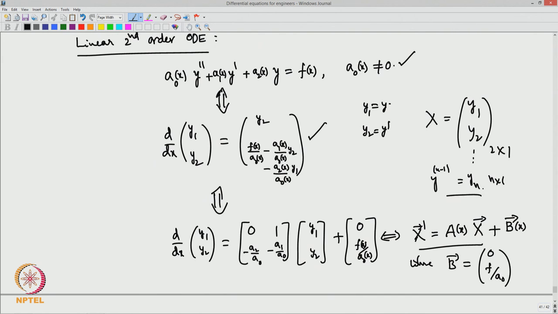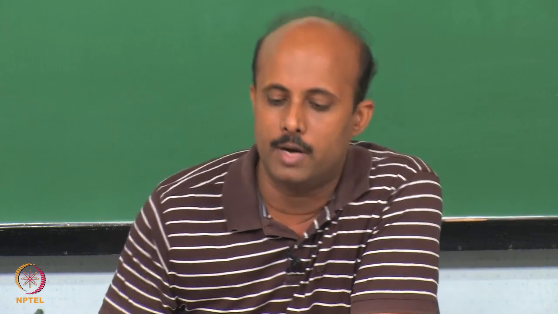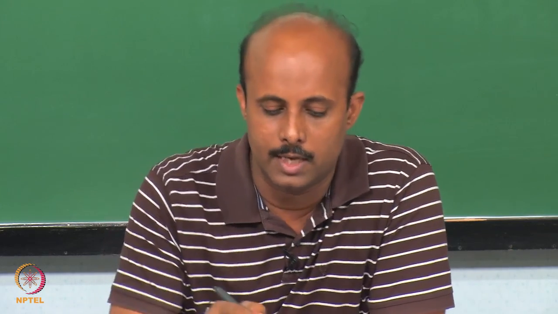Like that you can go on, and you will get an n by n matrix, x is an n by 1 vector, and b is also an n by 1 vector. So like that you can make a system of n coupled equations, that you can represent as a system of first order equations for the n by 1 vector. So we will try to give you elementary methods to solve second order equations, and then you will generalize for nth order equations.